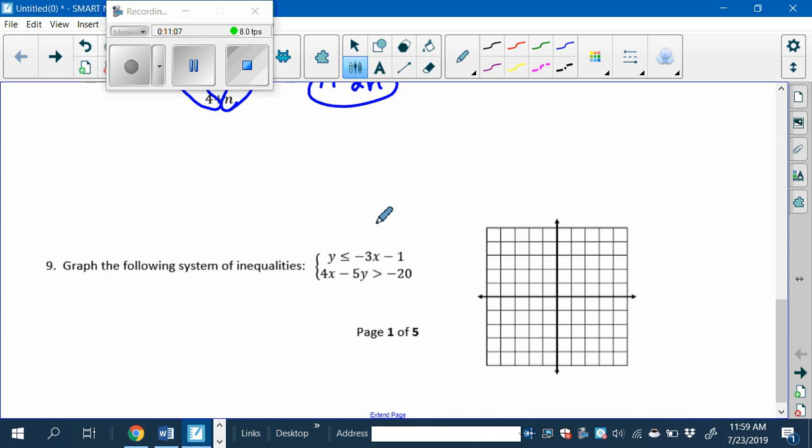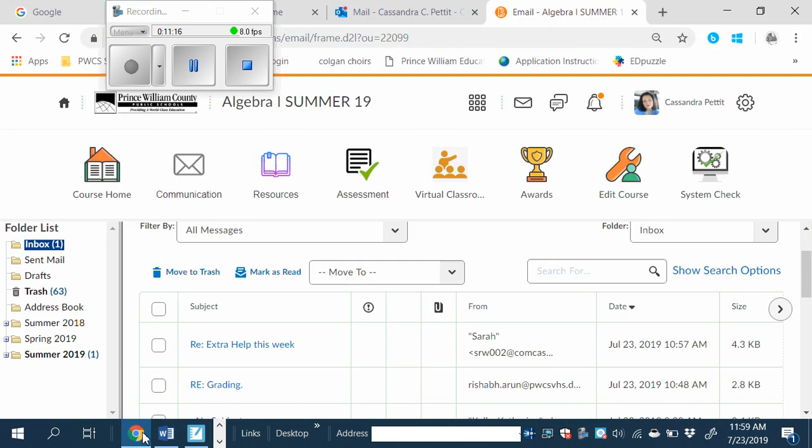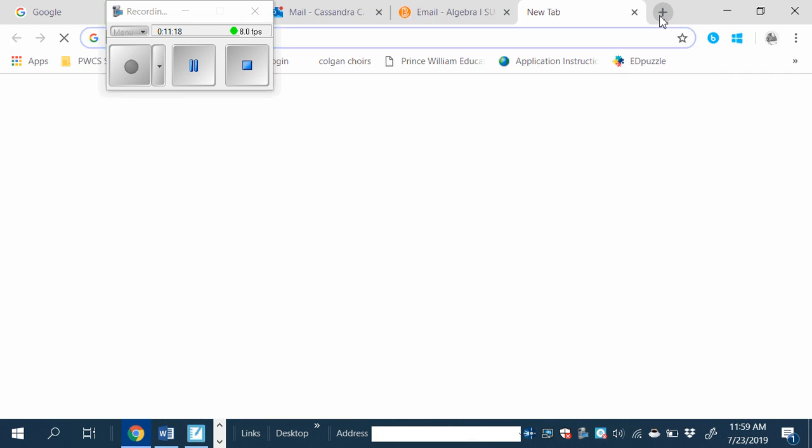Okay, so when we graph a system of inequalities, I want to make sure you guys can use Desmos for this. I want to show you what that looks like. So let me pull up Desmos for you.